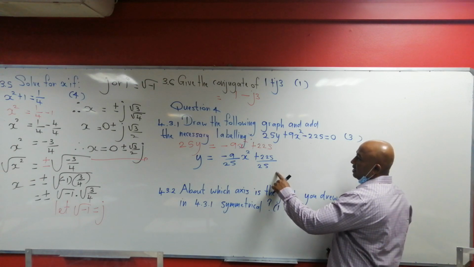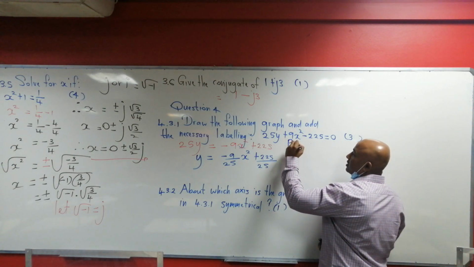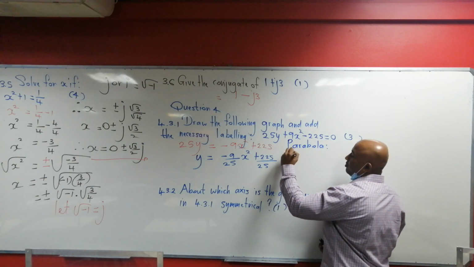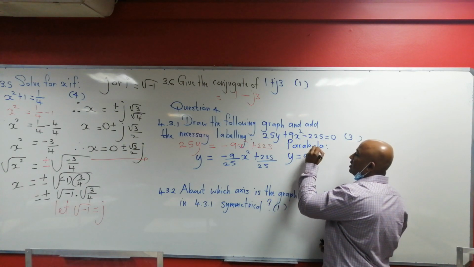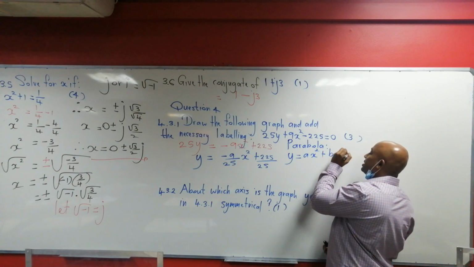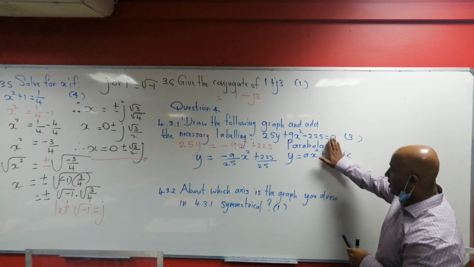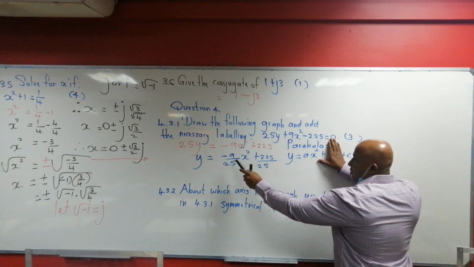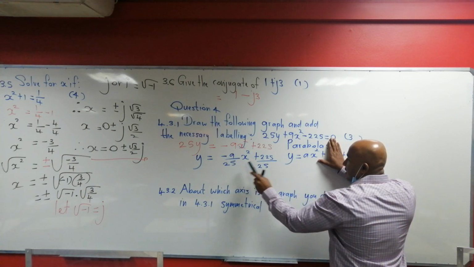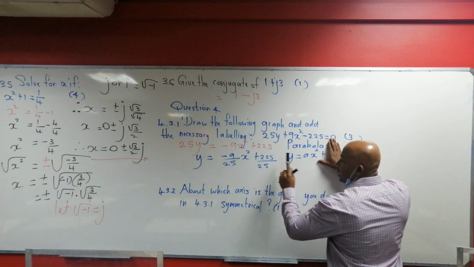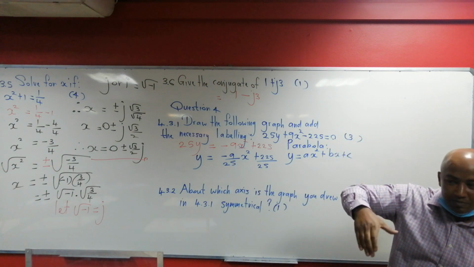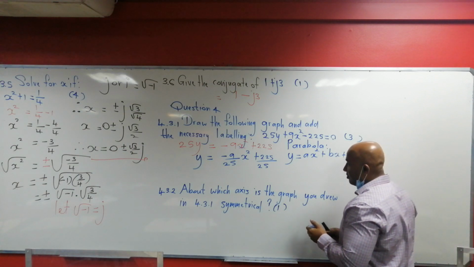Remember, your parabola is in the form ax squared plus bx plus c. It's just that there's no bx now. The bx is missing here. But you've got the a, which is minus 9 over 25. So this determines the shape of the graph, whether it's pointing up, a happy face, or pointing down, which is a sad face.